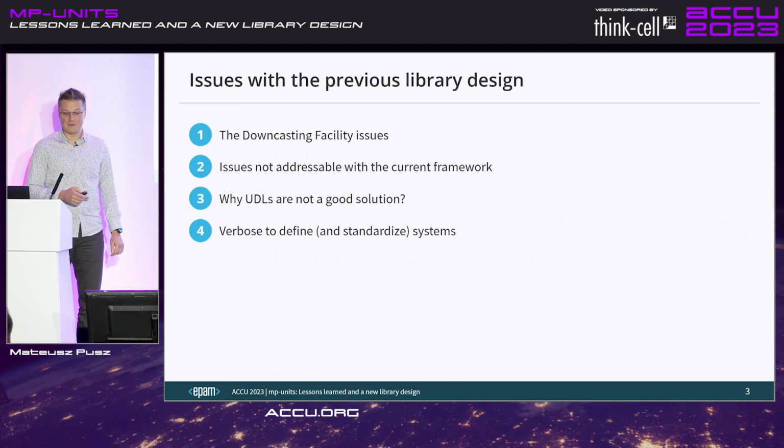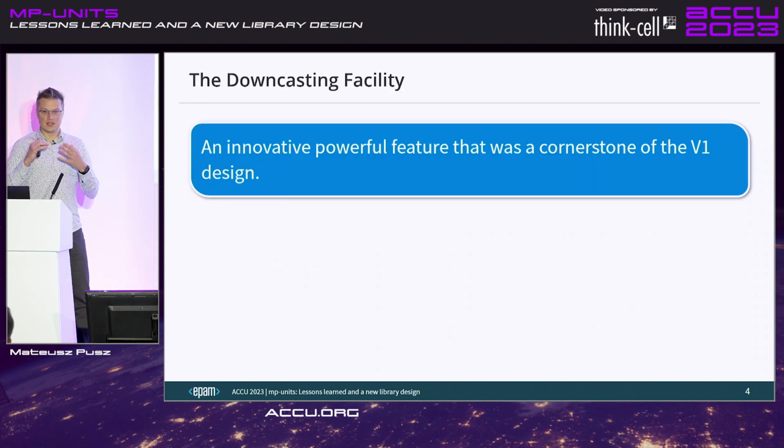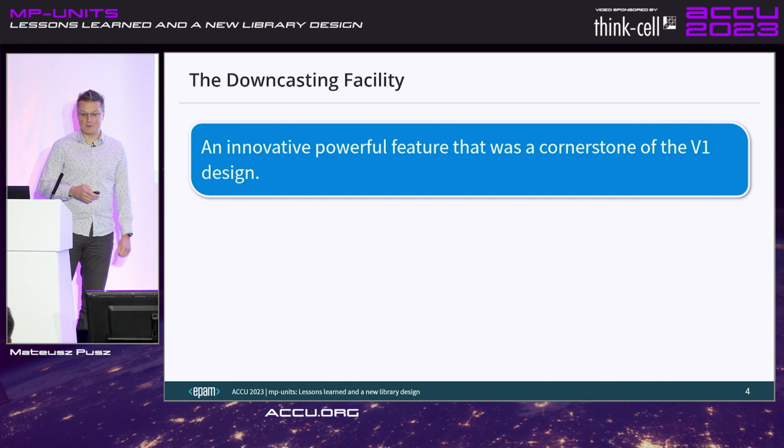All right, so the downcasting facility was, and still is, an innovative, powerful feature that was the cornerstone of the V1 design. The entire library was written around this.